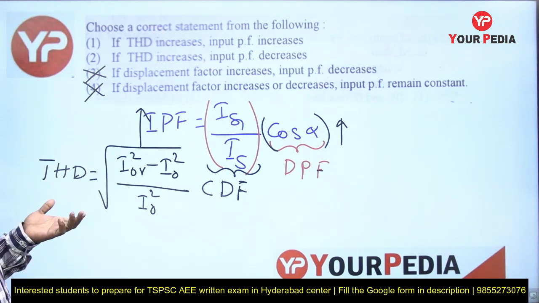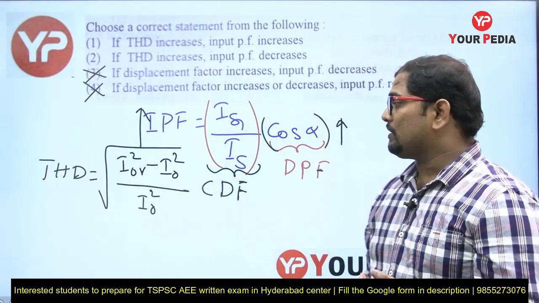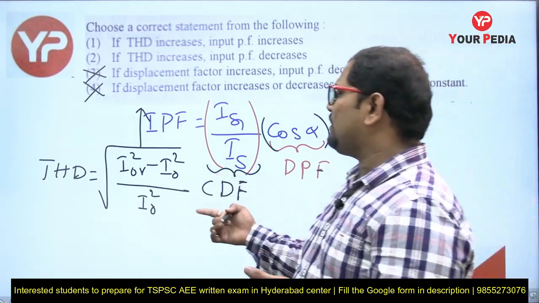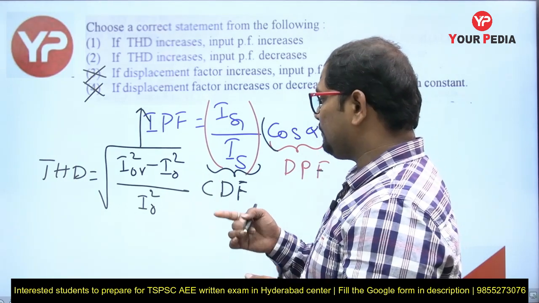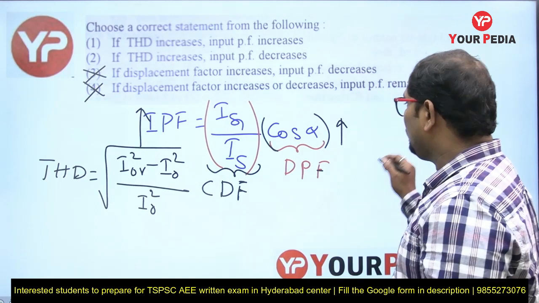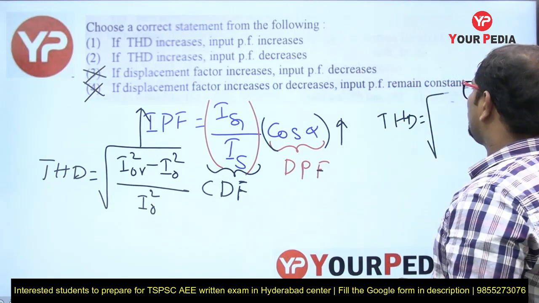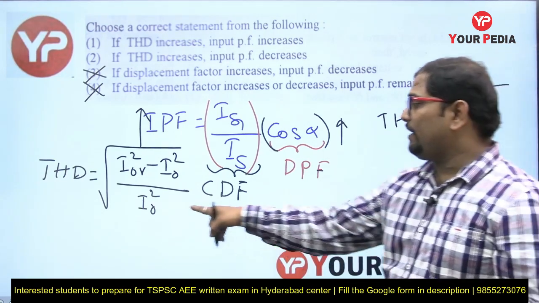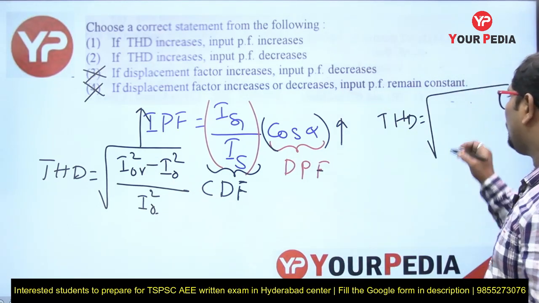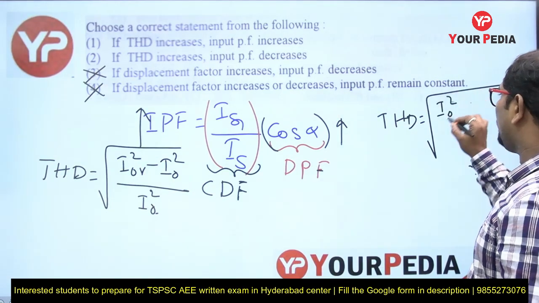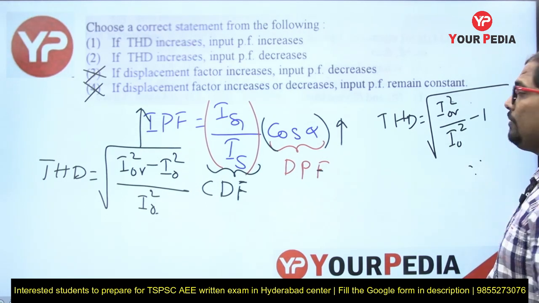So if you take this relation into consideration, and if you remodify this one, finally what we'll get is THD is equal to square root of, if I divide this denominator term individually to the numerator, IOR square by I naught square minus 1.